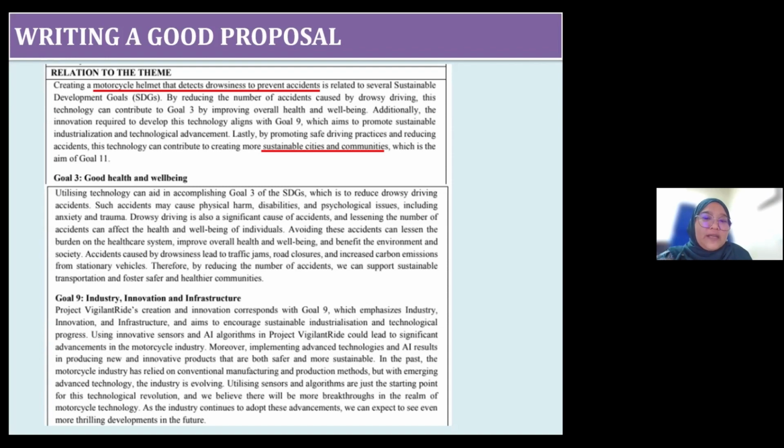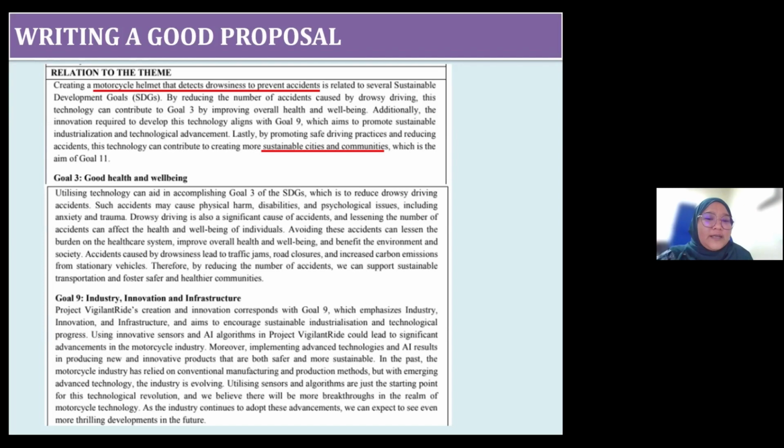So if you look at these, as I say, they elaborate why they chose that SDG, and then how it is related to the innovation that they are proposing.